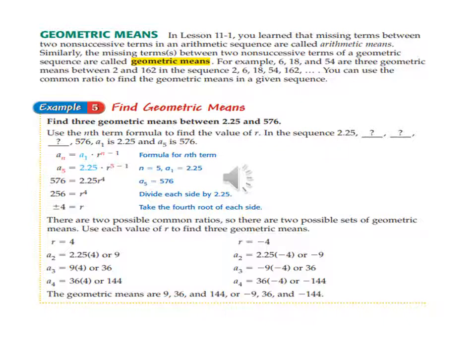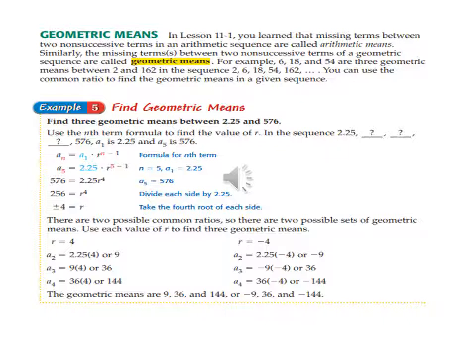For example, 6, 18, and 54 are three geometric means between 2 and 162 in the sequence 2, 6, 18, 54, 162. You can use the common ratio to find the geometric means in a given sequence.